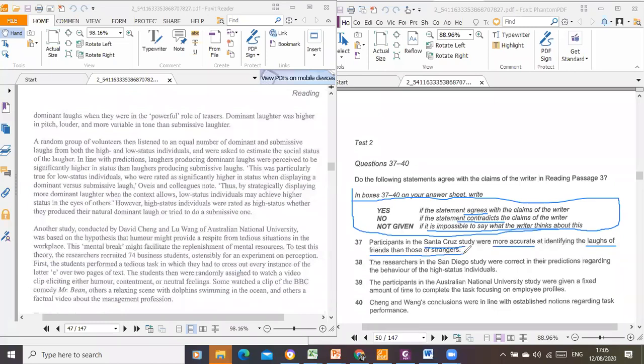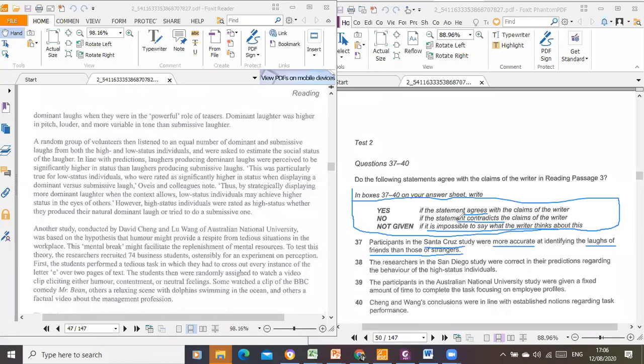Once you see words like more, adjectives, adverbs and all those things that can change the meaning, you have to pay attention to them. This statement will be yes if the passage says that under the Santa Cruz study, participants made more right guesses identifying the laughs of friends than those of strangers.